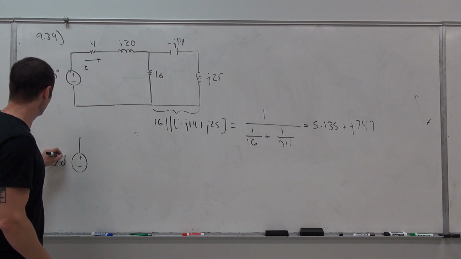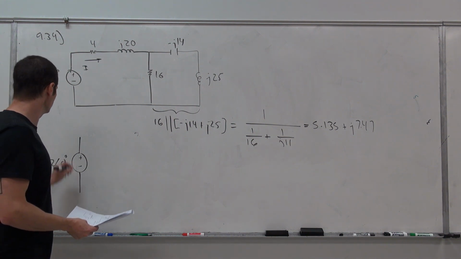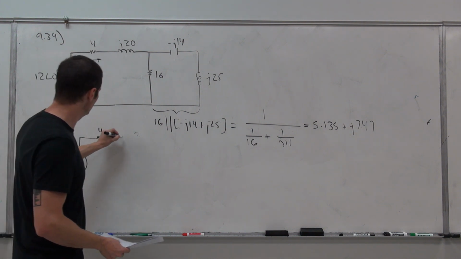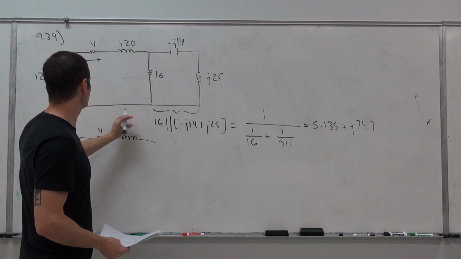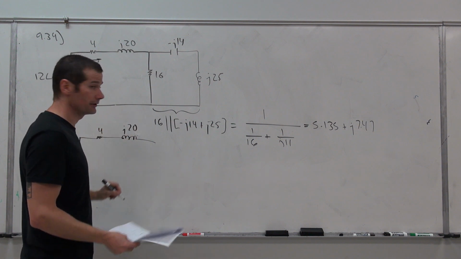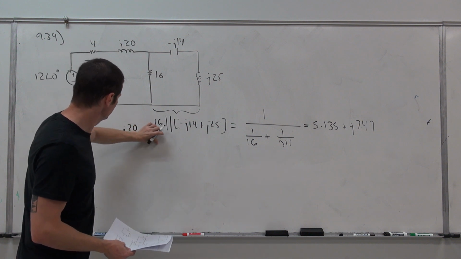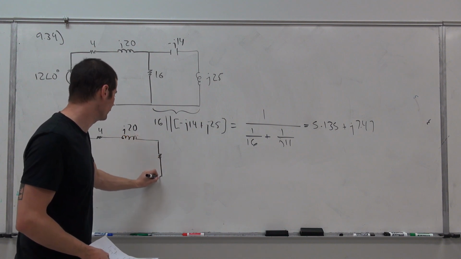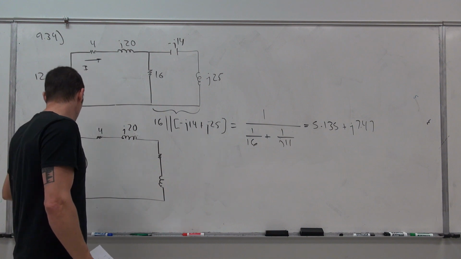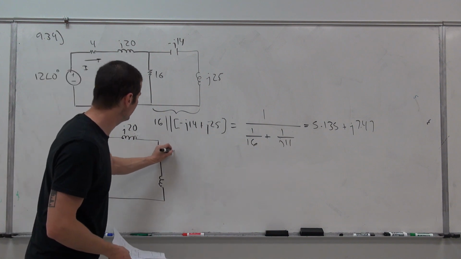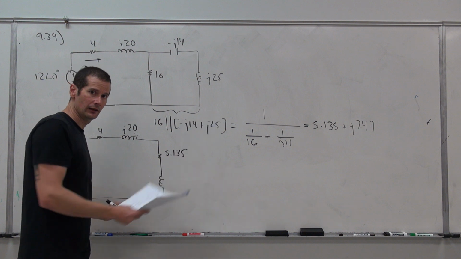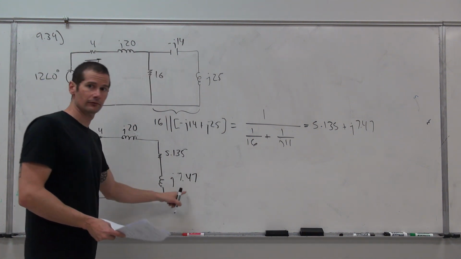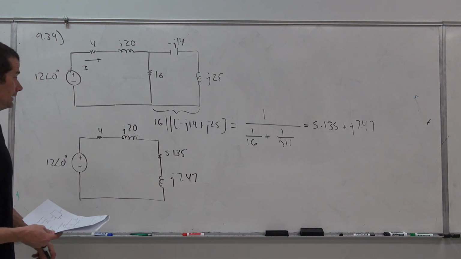So here we get 12 at an angle of 0 degrees. Here we have our 4 ohm resistor again, and then J20 for our inductor. And with the equivalent impedance, we have 5.135 and then J7.47 for our inductive impedance.